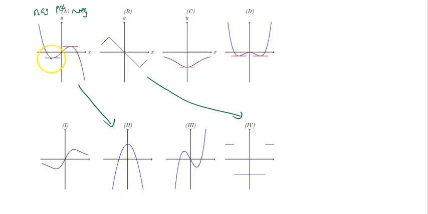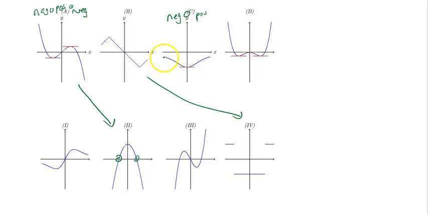Okay, the critical points, your maxes or mins, that's where the slope is 0, here and here. That means there's zeros on the graph down here. So that's where that graph is crossing the x-axis. So those match up as well. Okay, let's look at C. C is negative slopes, 0 slope, positive slopes.